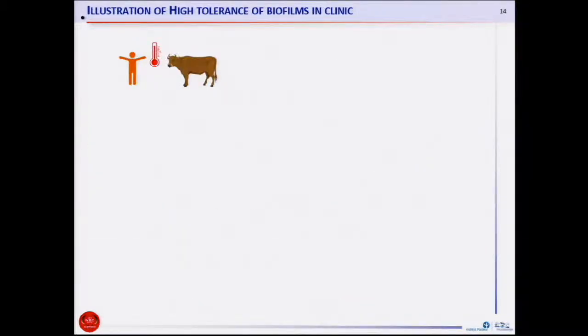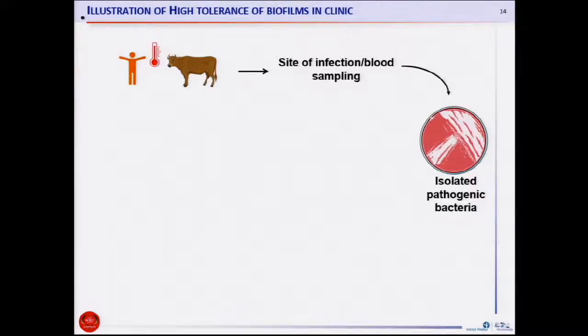So how can you illustrate that if you have a biofilm in a clinic, how can you eventually suspect that there is a biofilm infection? I would give you something very simple. If you have an animal or a human that is sick, has fever, then you would sample the blood or the site of infection, and generally you will try to isolate the bacteria, if they are not virus, because if they are virus, this is something else.